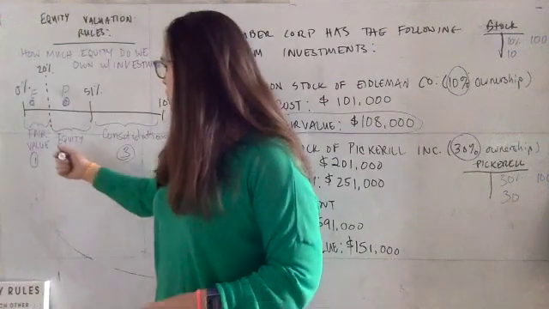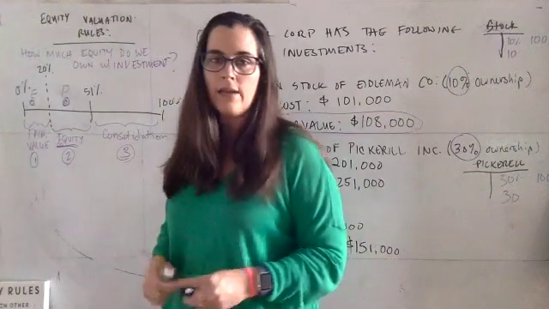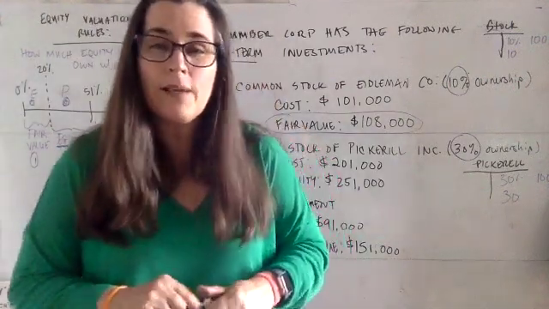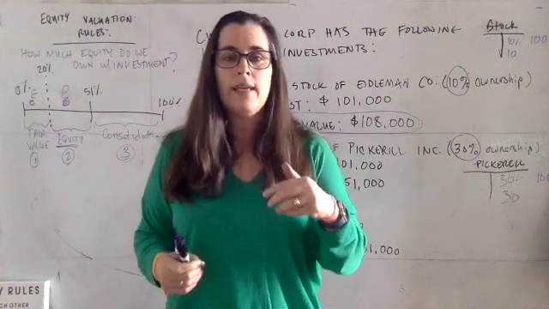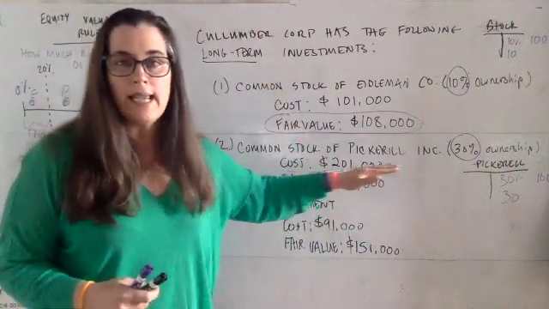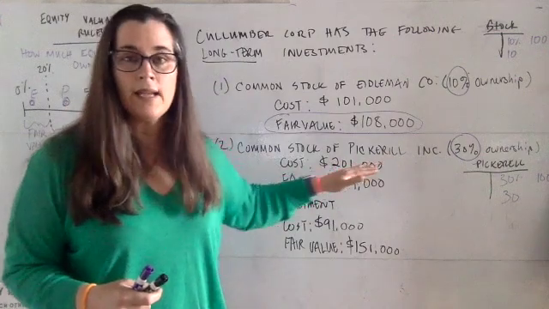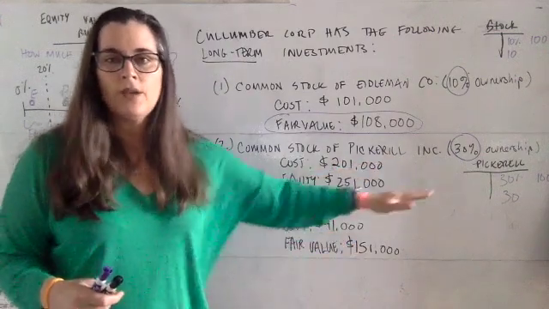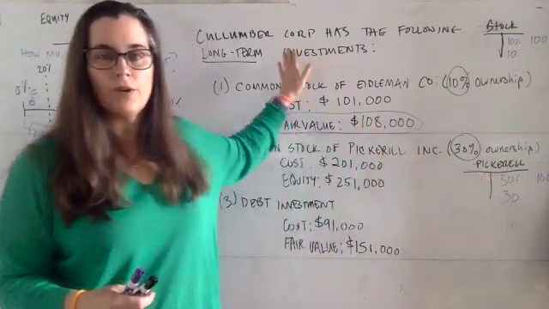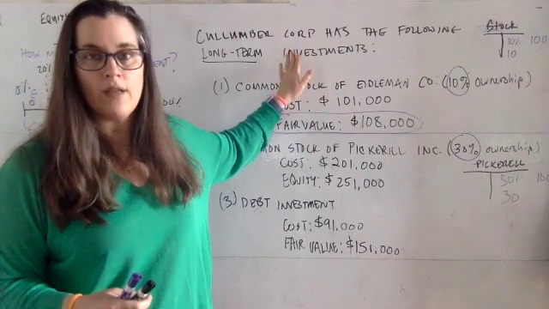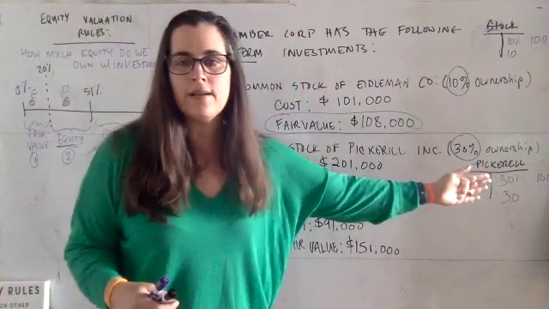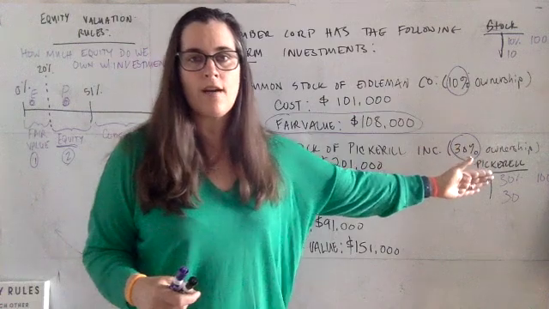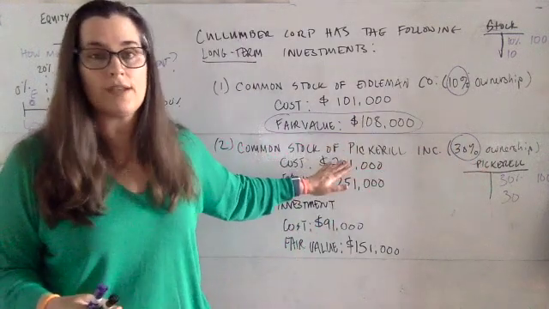So that means we need to use the equity value of the stock. Now equity is a little bit more complicated, and basically one way to think about it is as Pickerel makes income, a share of that income rolls up to Cullenber's income as well. The idea here is that by owning a greater share of the stock, they have more control of the company.